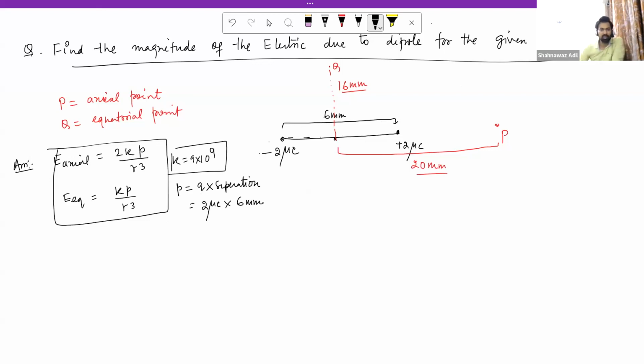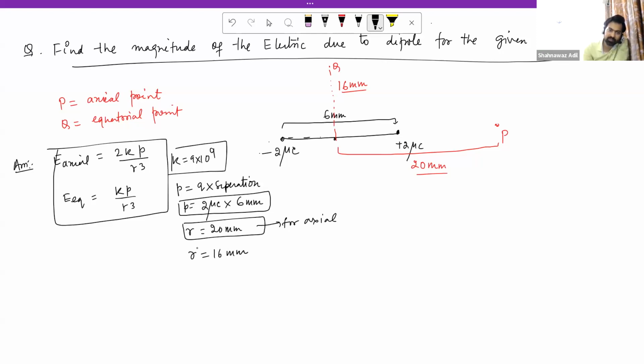R is given: R is 20 millimeters for the axial point, and R is 16 millimeters for the equatorial point.